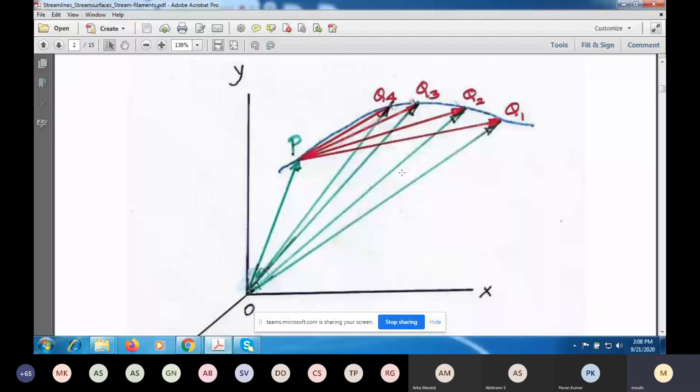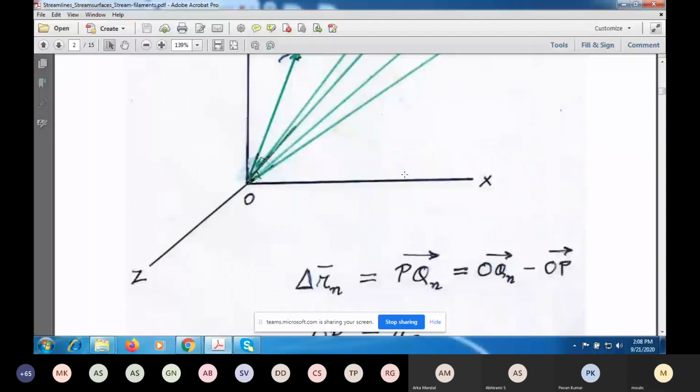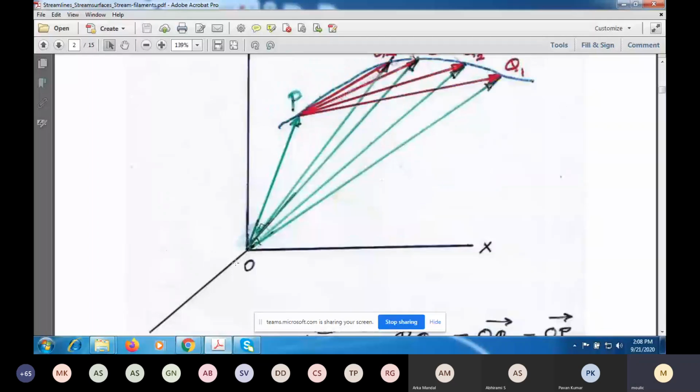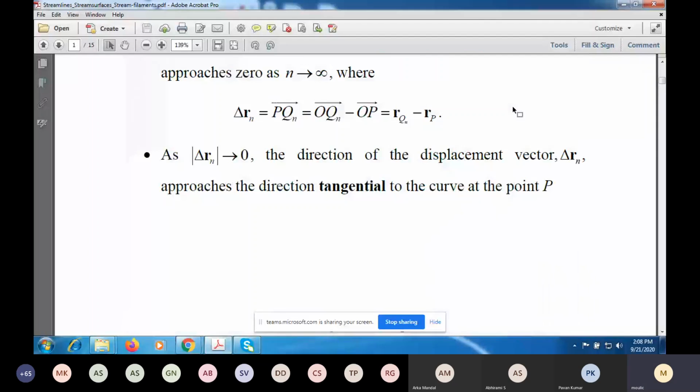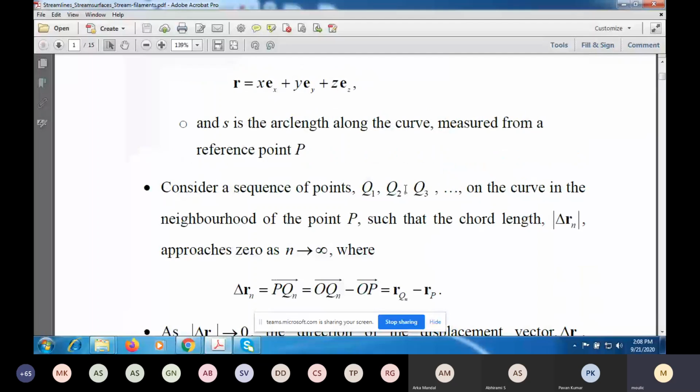So I can talk about the position vector of the point P and the position vector of the nth point Qn. Okay. So consider a sequence of points which are labeled Q1, Q2, Q3 on the curve in the neighborhood of the point P, such that the chord length delta Rn approaches 0 as n goes to infinity.